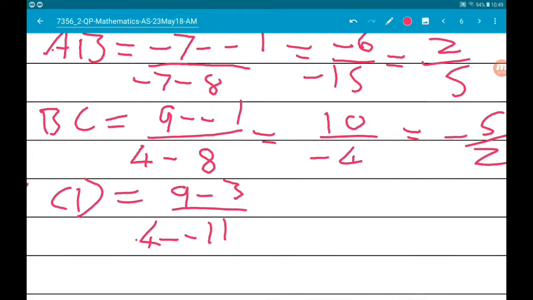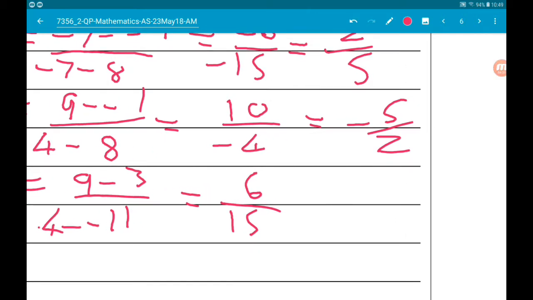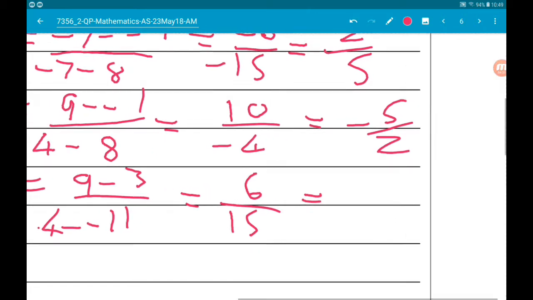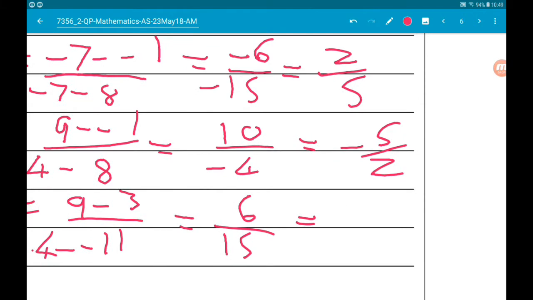So that's going to give us 6 over 15, which gives us, again, 2/5.